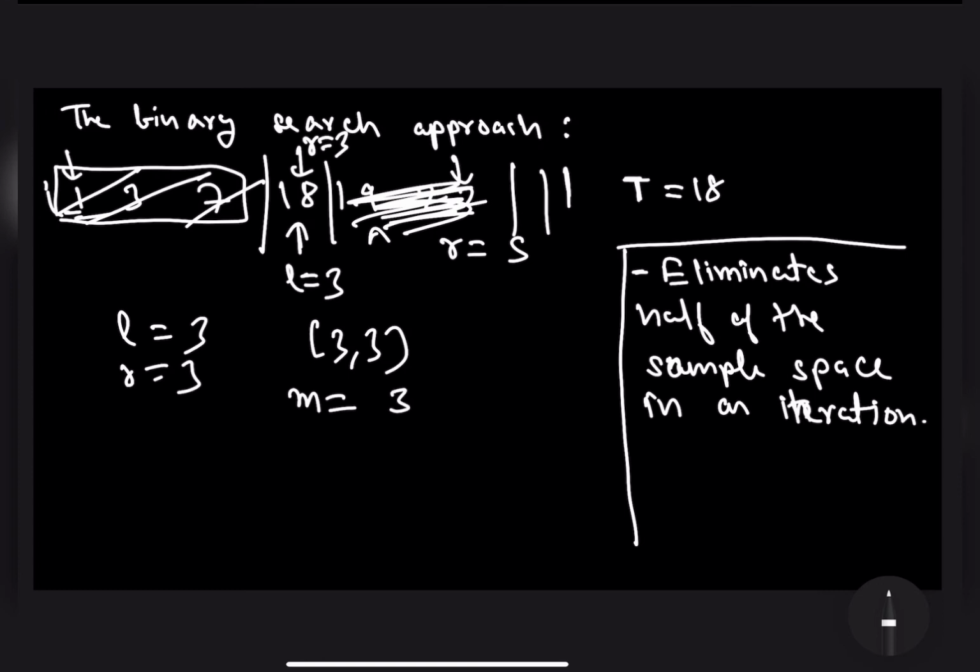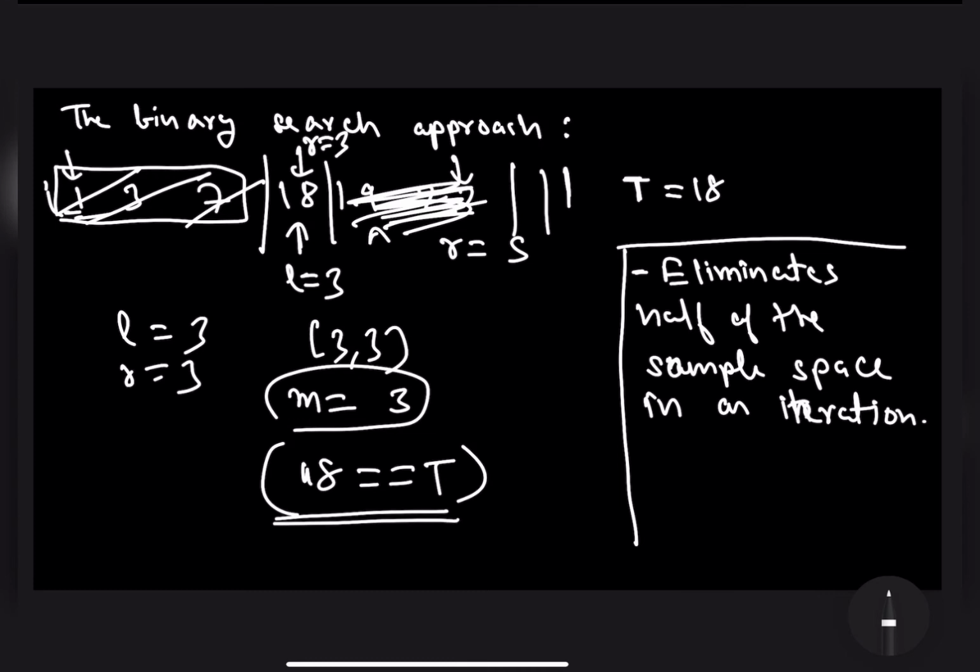Then I have the value at index 3, that is 18. So I will compare this 18 with the target value and I find that 18 is equal to the target value. So now I know that this 18 is present in the array itself, so I will return true. That is, I found a hit over here.